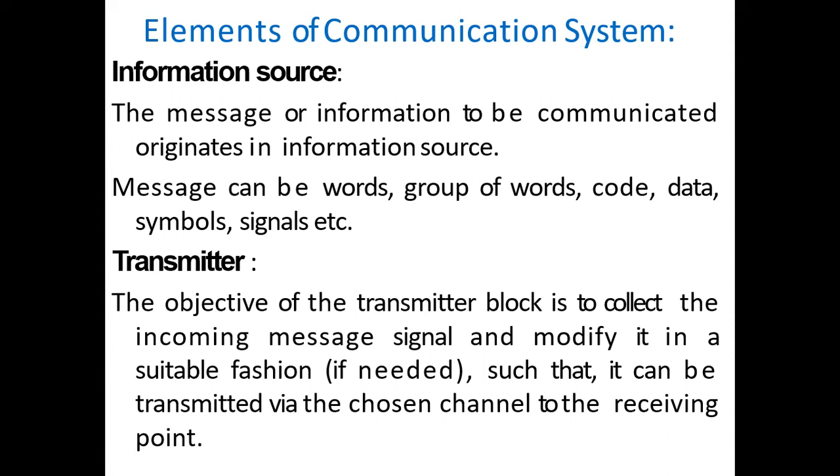The main objective of the transmitter is to collect the incoming message signal and modify it into a suitable signal to transmit our information through the channel. That we will see in detail.